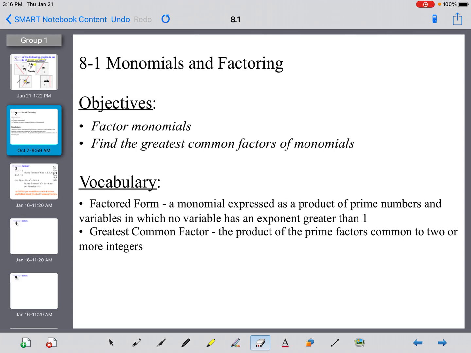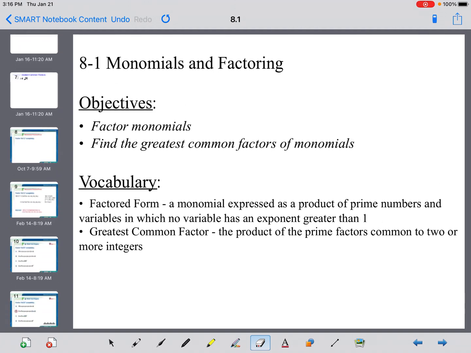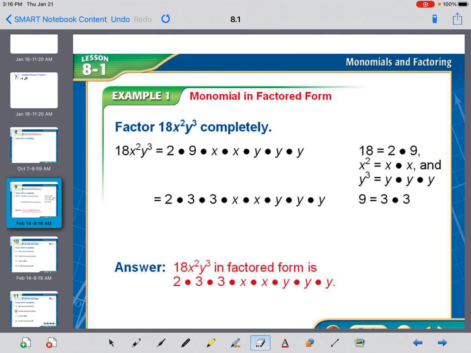So factored form, when they say factored form, they're saying a monomial expressed as a product of prime numbers and variables in which no variable has an exponent greater than 1. Let me show you one that they would be looking for, and we'll get back to this in a bit. Here is 18x squared y. 18x squared y broken down into factors looks like this. You can see the 18 is here because 2 times 3 times 3, that's 18.